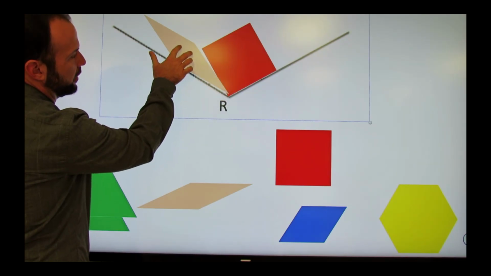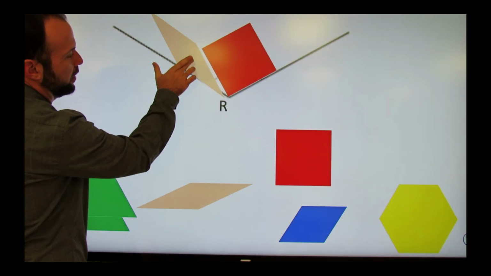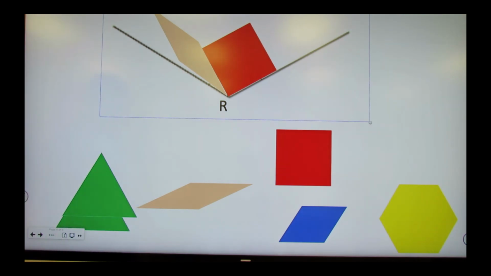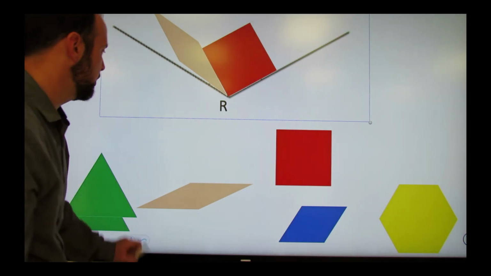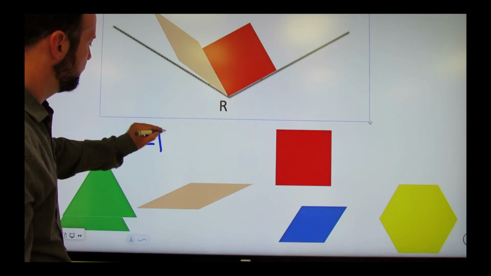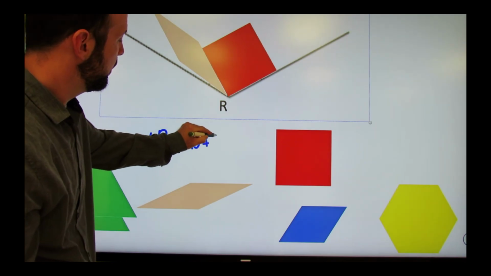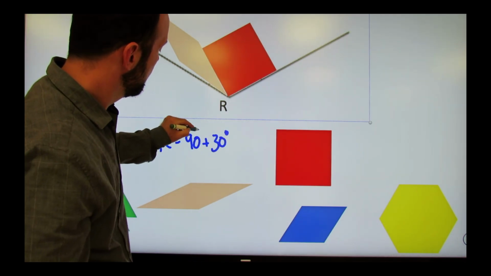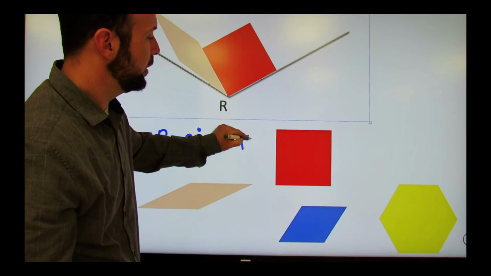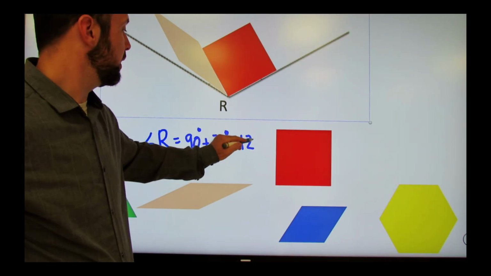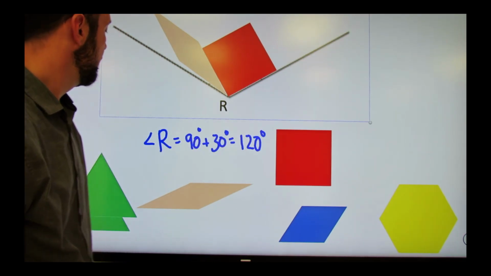So I'm going to go with 90 plus 30, which would give me 120. So angle R is 90 plus 30, which would equal 120 degrees. Okay, easy enough.